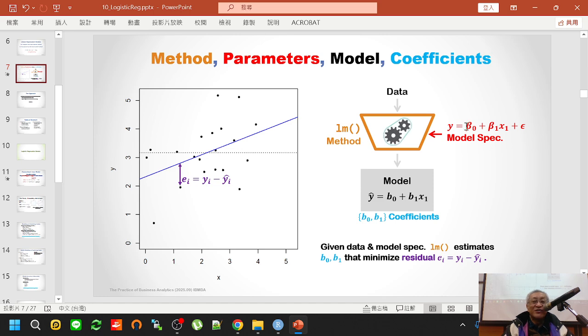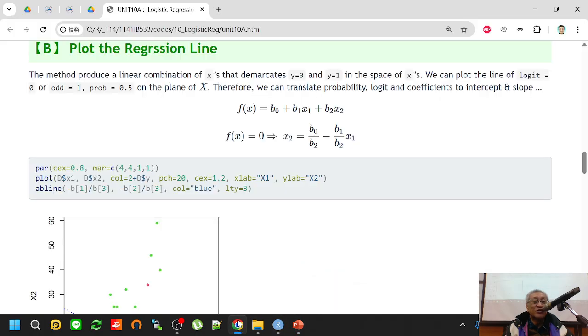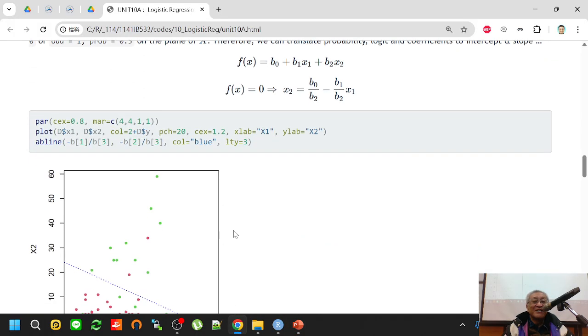This formula, b0 plus b1 x1, can be represented by a line in the xy plane, isn't it? There's a similar situation in logistic regression.